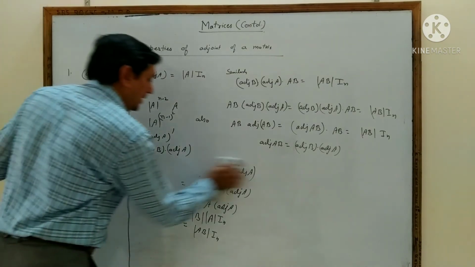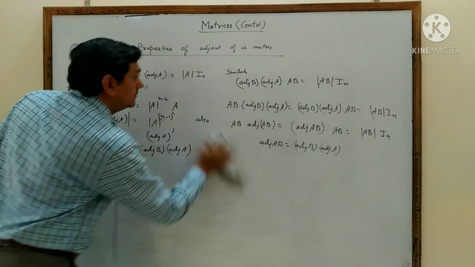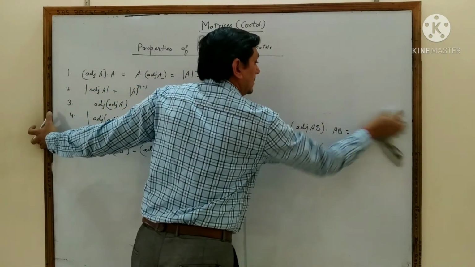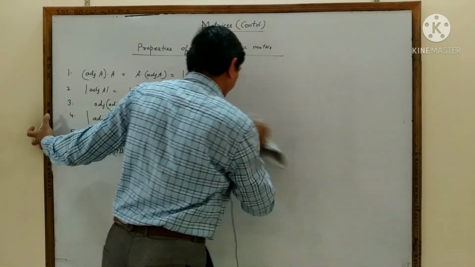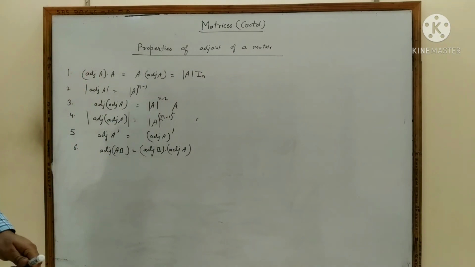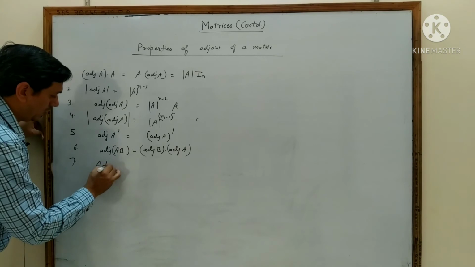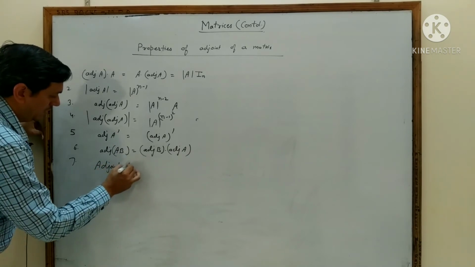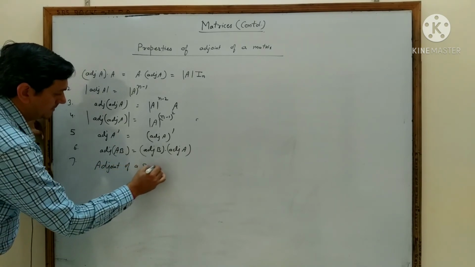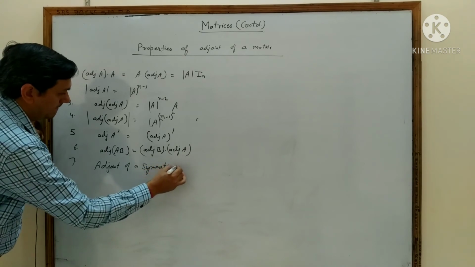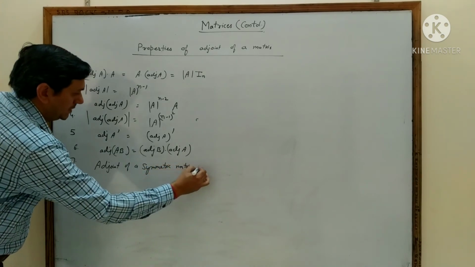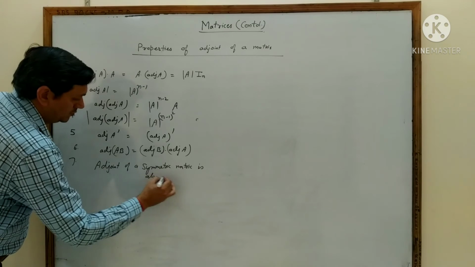In one more property, we have that the adjoint of a symmetric matrix is also symmetric.